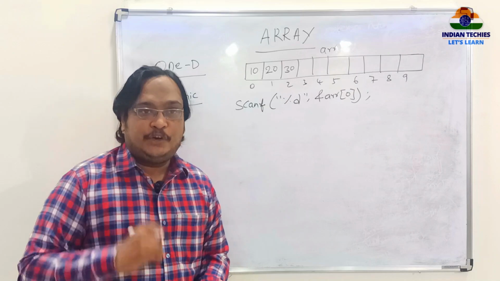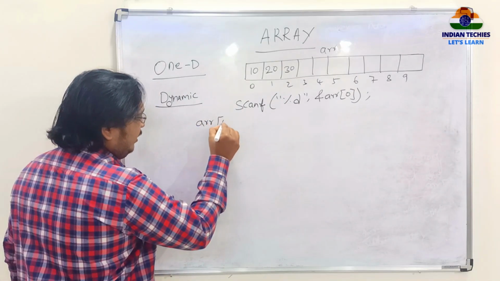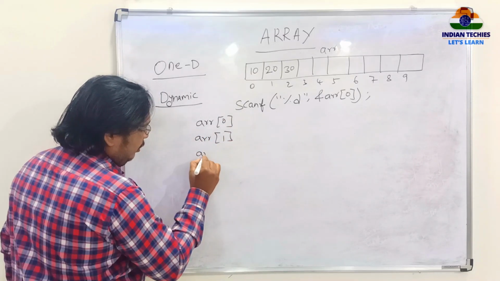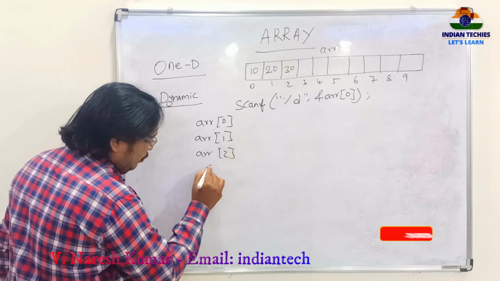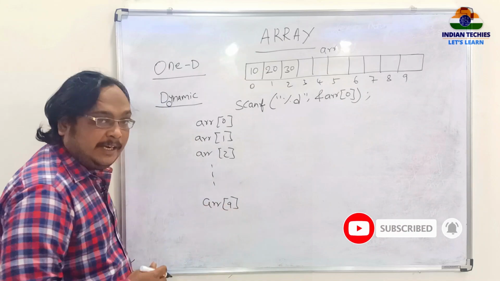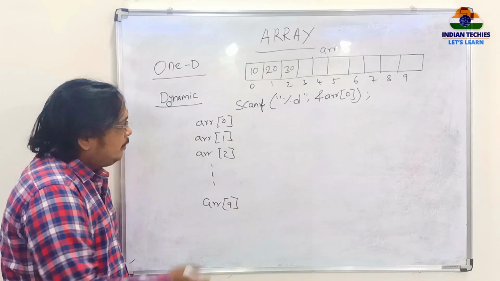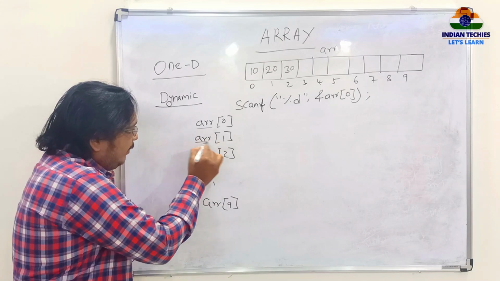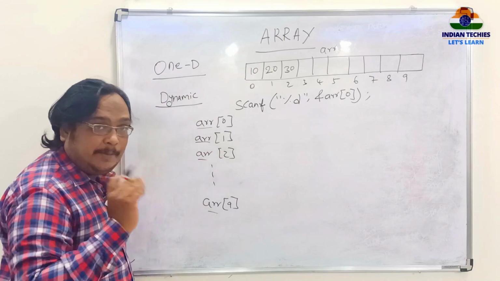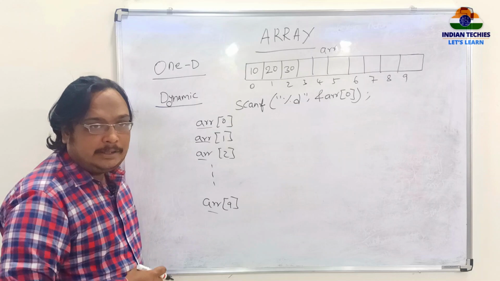Here is how we are going to take it. See here, what are the 10 variables? ARR of 0, ARR of 1, ARR of 2, so on, up to ARR of 9. If you observe clearly, in all these 10 variables the name is the same. ARR is common, and the square brackets are common.